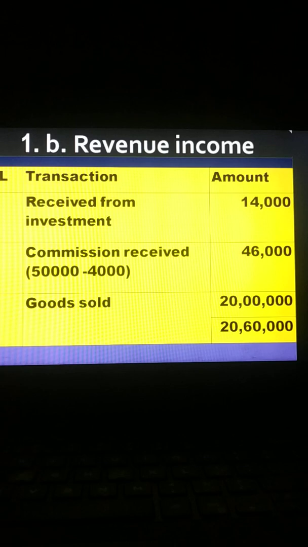In your question it is given 50,000, but in the answer amount column I have written 46,000. Why? Because commission received 4,000 is for next year. So next year's receipt is not income. That is a capital receipt. So income will be 50,000 minus 4,000, 46,000, and goods sold 20 lakh. So 20 lakh 46,000 is our revenue income.